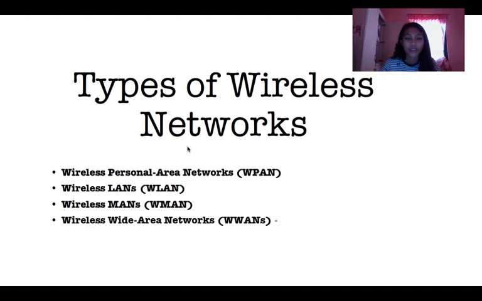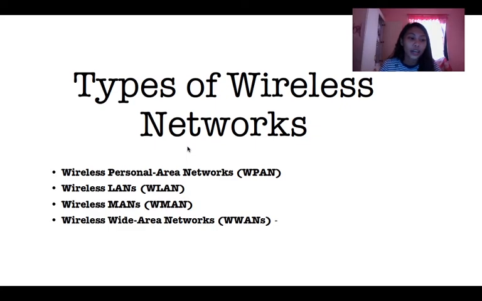Next, we have here types of wireless networks, our PAN, LAN, MAN, and WANs. The difference of those four is that our wireless personal area network, or our PAN, uses low power transmitters for a short range network.